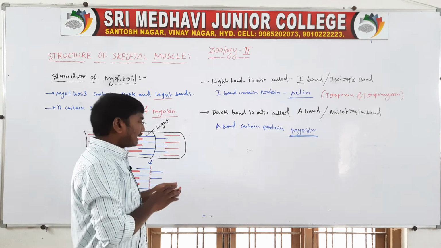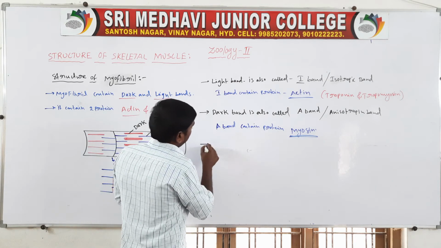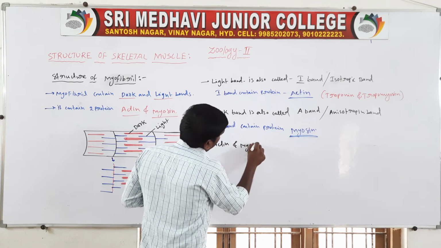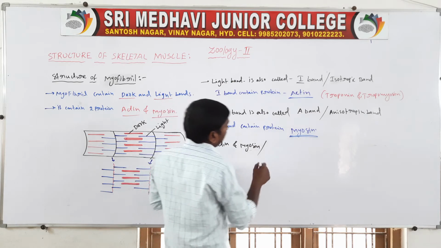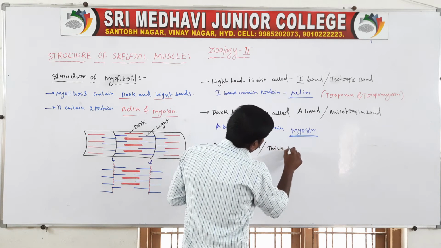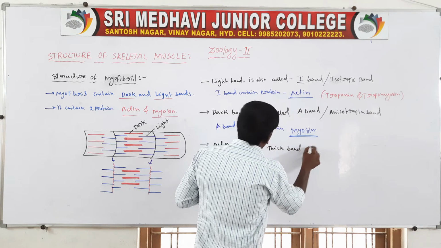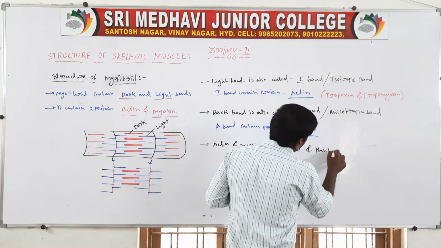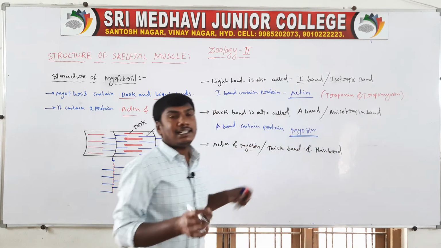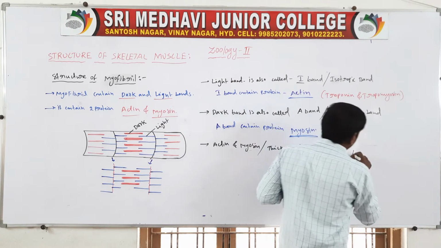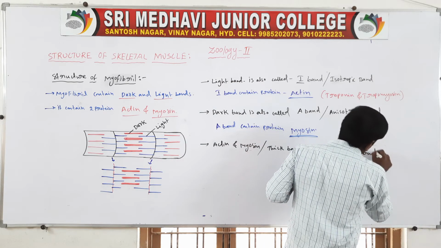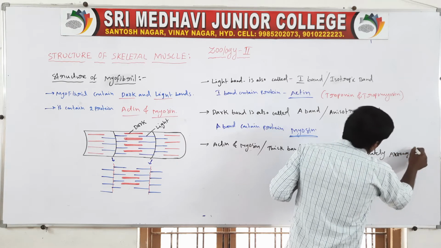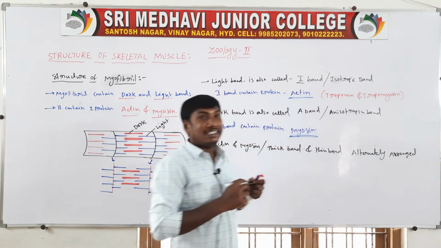Next, actin and myosin form the thick band and thin band, and they are alternately arranged.